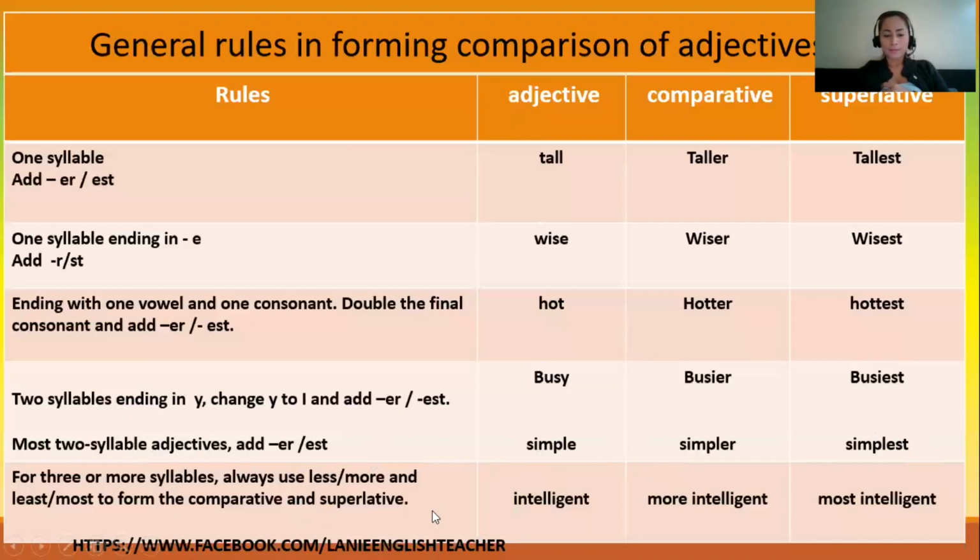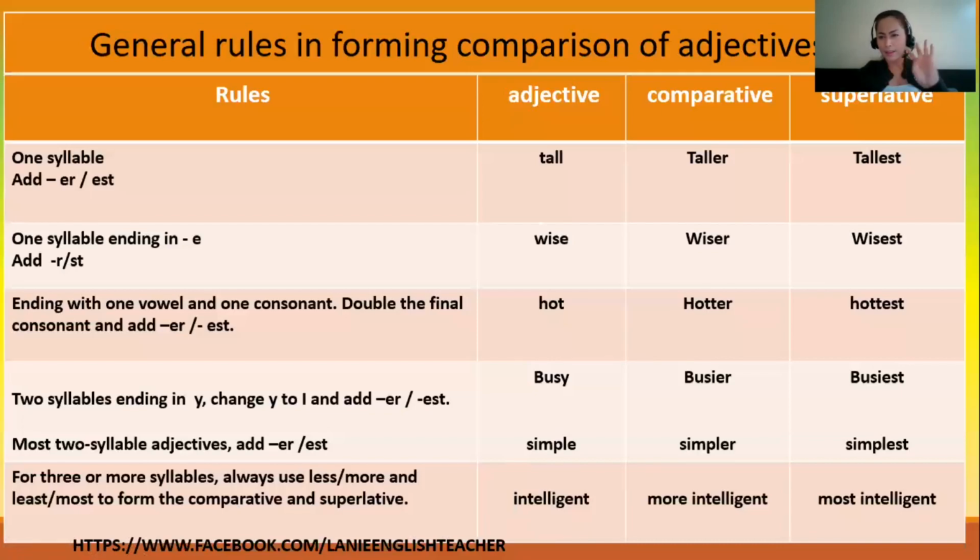All right. The last rule we have, for three or more syllables, always use less or more and least or most to form the comparative and superlative. An example of a multi-syllable adjective is intelligent. So in the adjective intelligent, how many syllables here? So we have in-tel-li-gent.